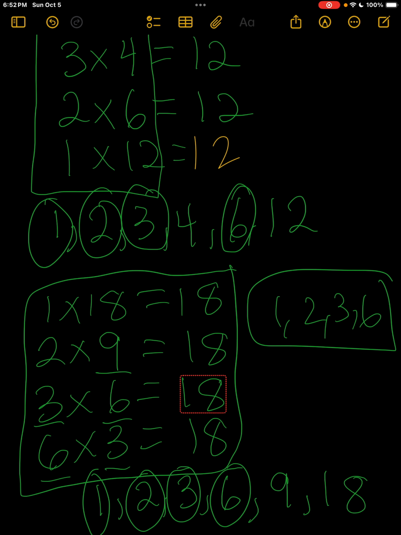Now the reason that you need to know this is for a lot of different reasons, but definitely so that you can reduce fractions when you're simplifying them, and adding fractions as well. You'll also need to know this for finding different combinations of things, just like we did here.